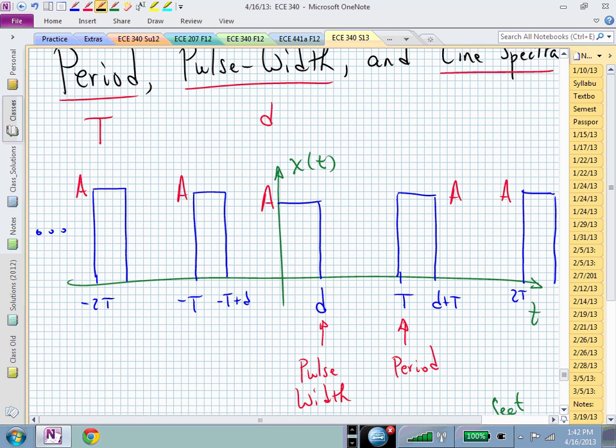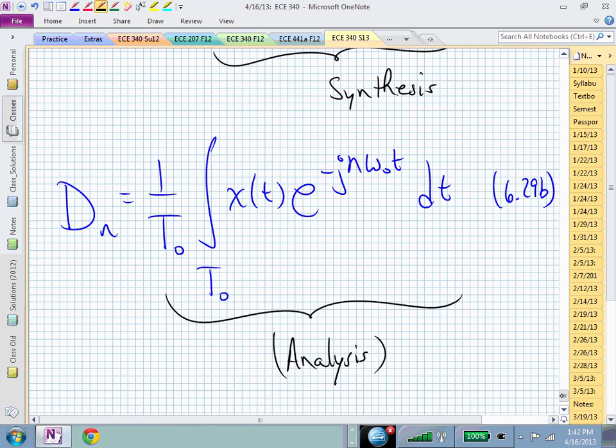You just take the average value of that pulse over that interval of time T. That's D sub 0, and you could use your formulas and integrals to find that if you want. But that's just going to be A times D divided by capital T, right? Then you need to find D sub n in general. And that's going to be that formula right here, this analysis formula. I want you to do that by Thursday.